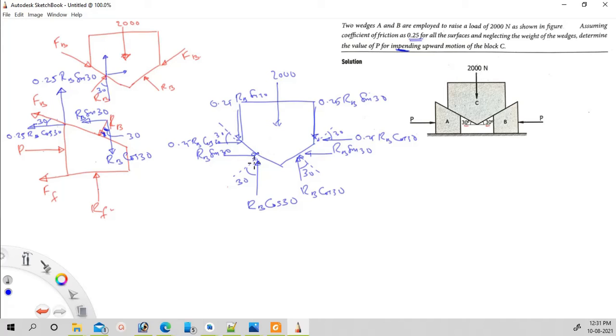Okay. Now we can apply equilibrium conditions for block C as well as block A. So let us consider block C. Then apply sigma V equal to 0. What will be sigma V equal to 0? These two forces are acting in the upward direction. These three forces are acting in the downward direction. So there are two forces acting in the upward direction. Therefore, I write it individually.